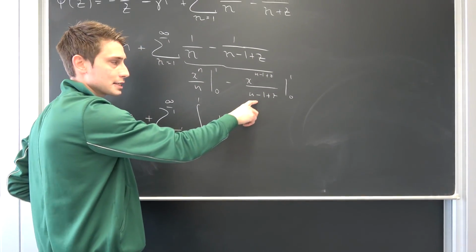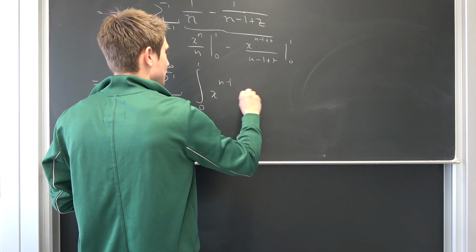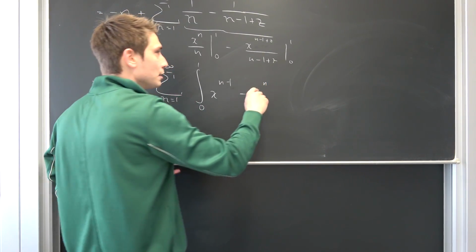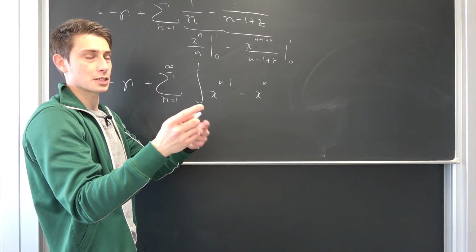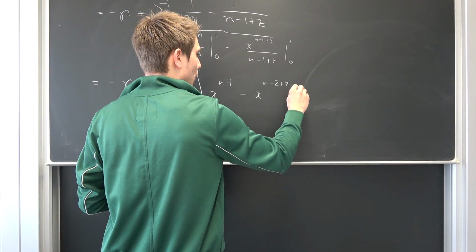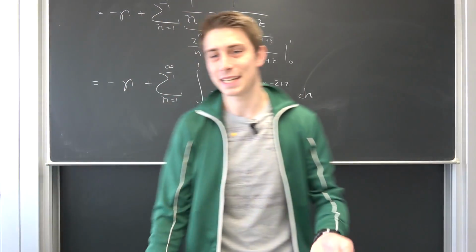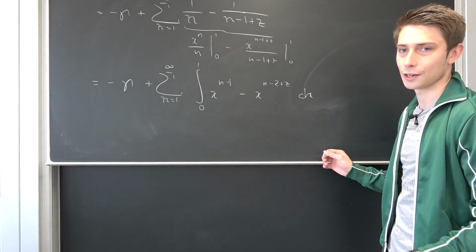And here you basically just want to subtract 1 from this thing. So this is going to give us negative x to the n minus 1 plus z minus 1th power, but this is nothing but n minus 2 plus z power. Okay, integrated with respect to x. And we already came pretty far with this little observation.